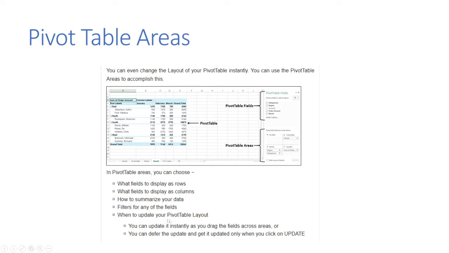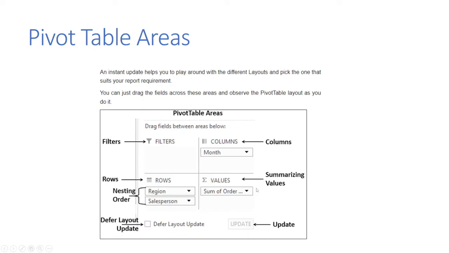And when to update your pivot table layout. You can update it instantly as you drag the fields across areas, or you can defer the update and get it updated only when you click Update. An instant update helps you to play around with the different layouts and pick the one that suits your report requirement.